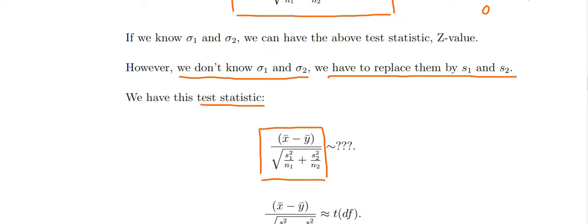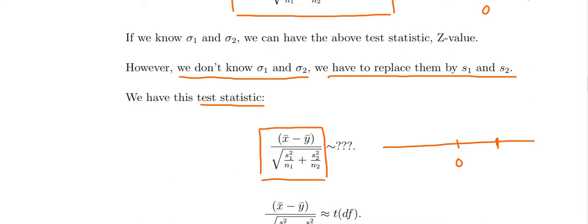So x bar minus y bar over the square root of S1 square over n1 plus S2 square over n2. So we can calculate this number. Then we need to check whether this number is big or small. So how can we check this?